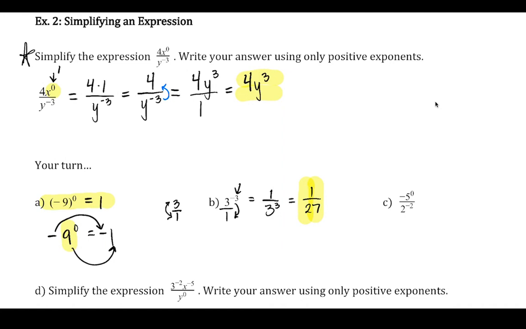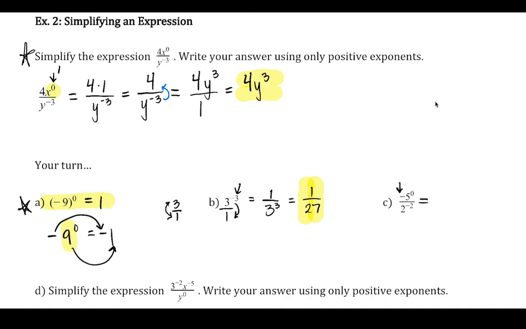And then for c, I have negative 5 to the 0 over 2 to the negative 2 power. Try not to simplify too much at once, because it can get kind of confusing that way. I'm going to just focus on the negative 5 to the 0 power. Like what we talked about with a, this negative sign is not included with that base of 5.